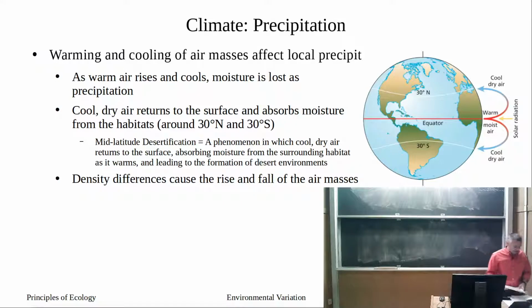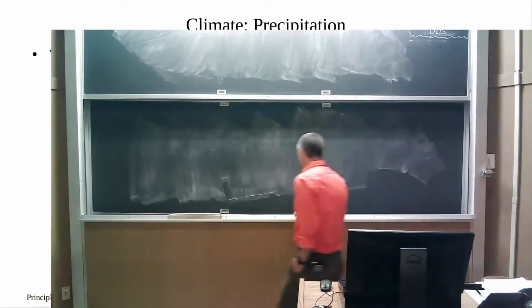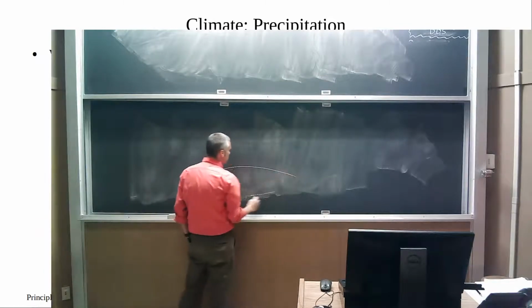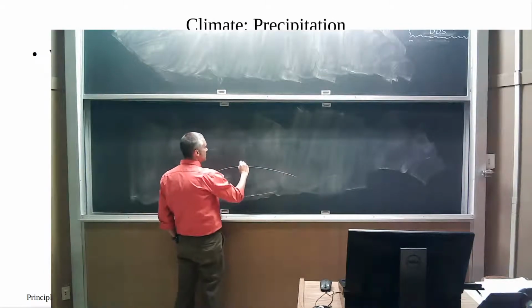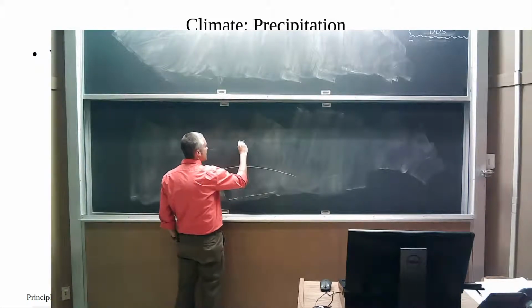And that's only part of the story, because if that air mass moves, then it has to be replaced. We have this air mass here that's warming up, moving up into the atmosphere.